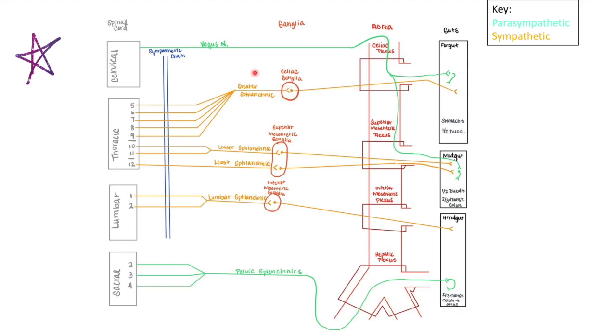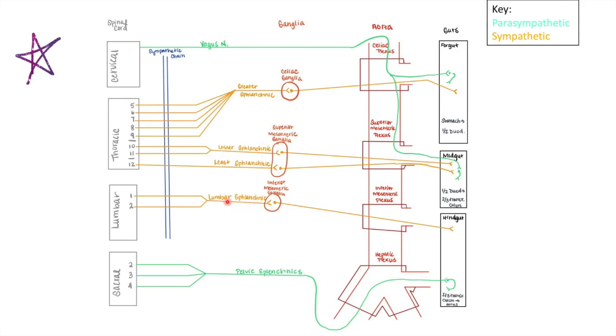So pre just means before, post means after the ganglia. T10 and T11 come the lesser splanchnic nerve, and then T12 is the least, comes off of that. L1 and L2 come together to form the lumbar splanchnics. So for our sympathetics, we've got greater splanchnic, lesser splanchnic, least splanchnic, and lumbar splanchnic.